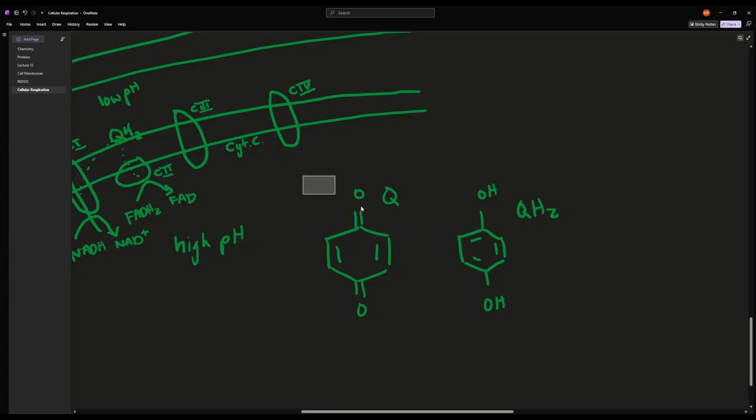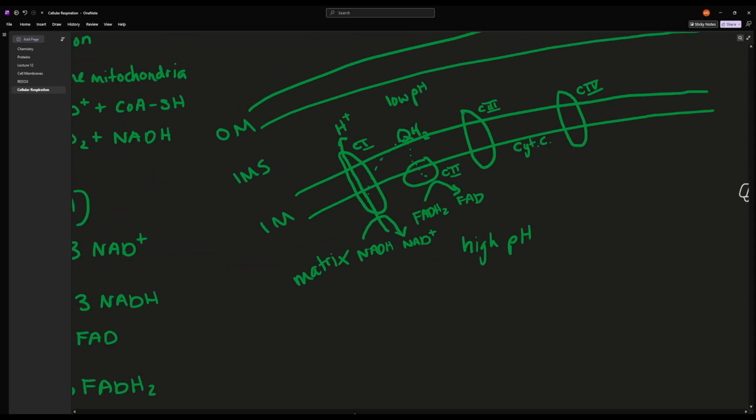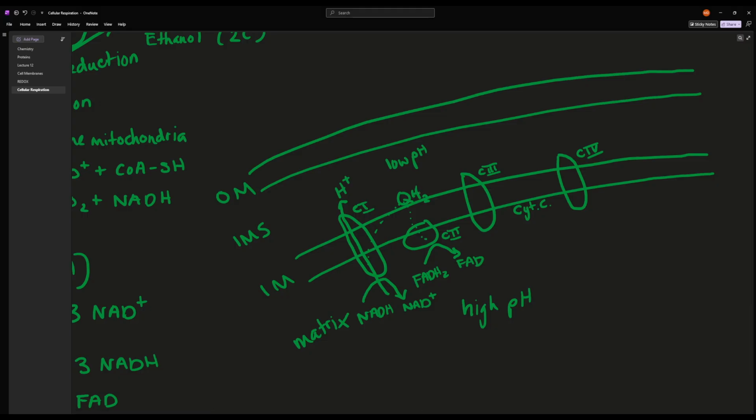Okay, that's what that looks like. All right, so these electrons get passed from QH2 onto complex 3. Complex 3 then passes them to cytochrome C, and through those redox reactions, it pumps protons across. Cytochrome C then passes the electrons onto complex 4, which also pumps protons across, but we're going to hold off here.